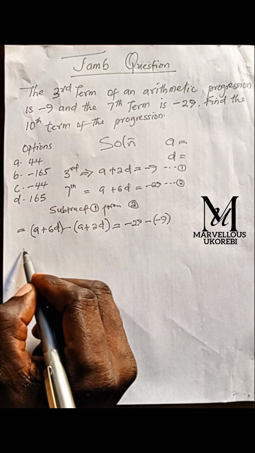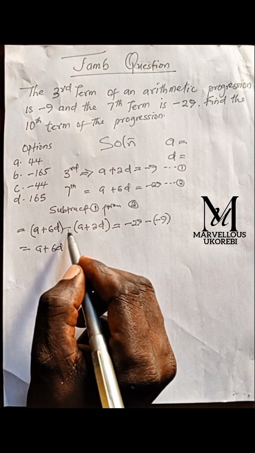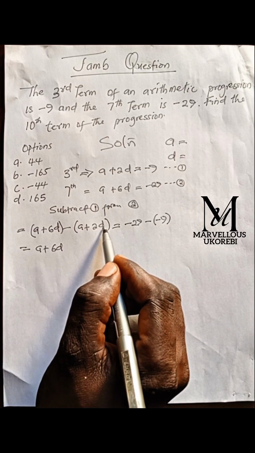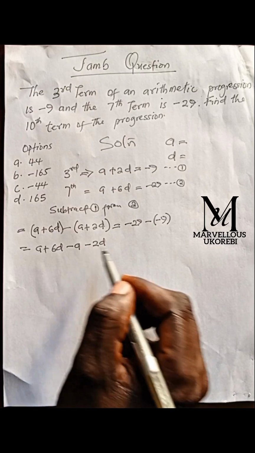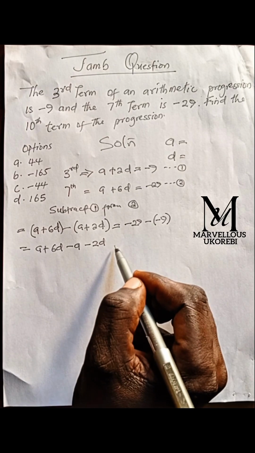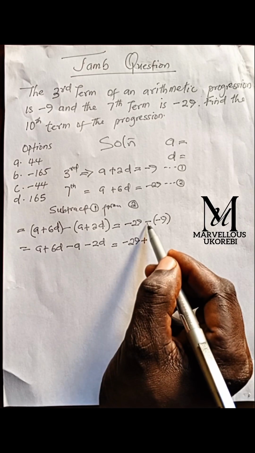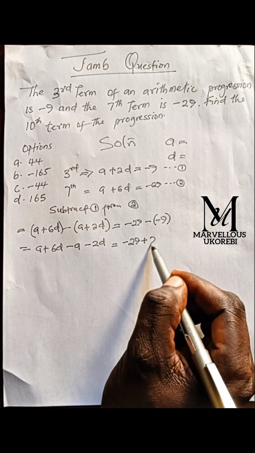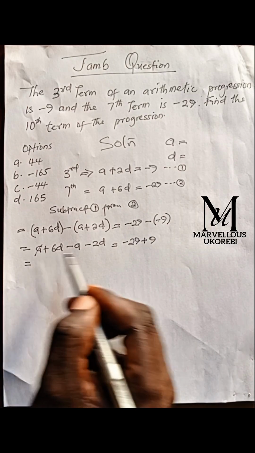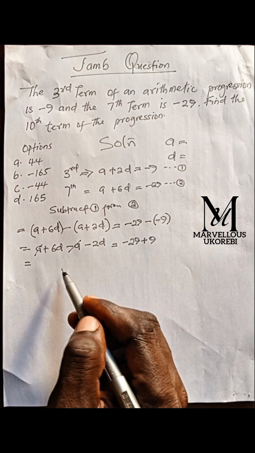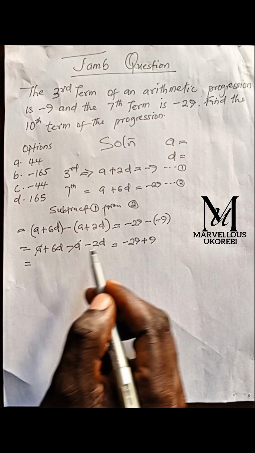Now the next step: a + 6d, and minus times plus becomes minus, so we have -a - 2d, which is equal to -29 plus, because minus times minus becomes plus, 9. Looking at this, this is +a and this is -a, so they cancel. We are left with 6d - 2d.